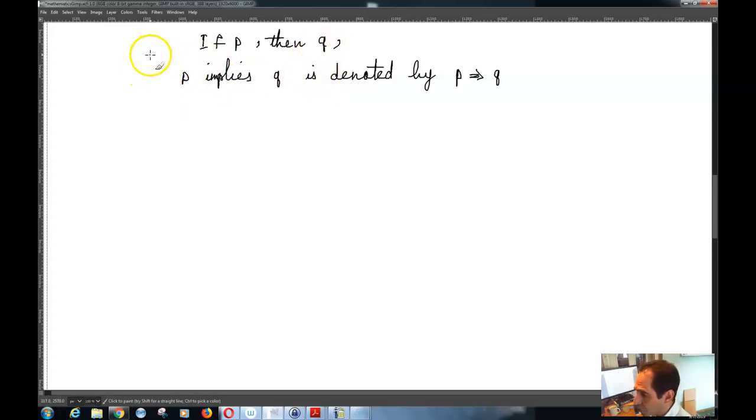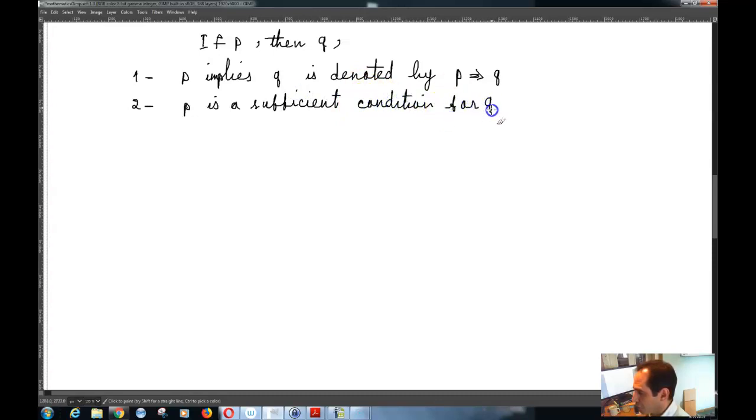This was number 1, and number 2 was P is a sufficient condition for Q. What that means is that knowing that the number is a multiple of 9 is sufficient to conclude that the number is a multiple of 3.